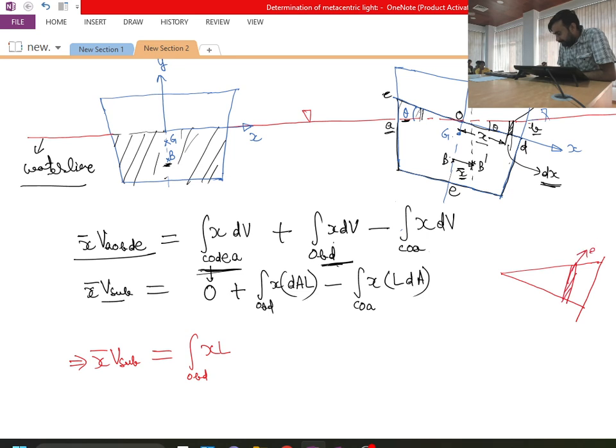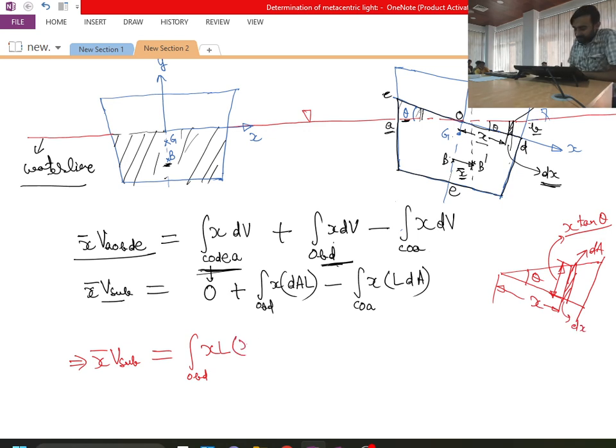So this is dA area, and this angle is theta. It is at a distance of x. If this distance is x, can you tell me how much will be this dimension from here to here? It will be x tan theta. x tan theta will be this dimension, and dx is the thickness of the element. So dA I can write x tan theta into dx. Is this one clear?